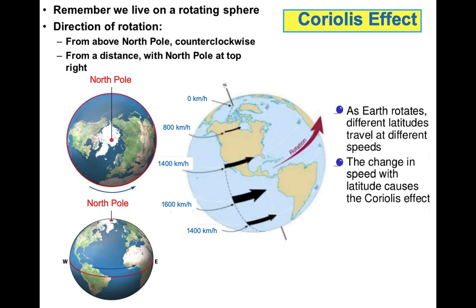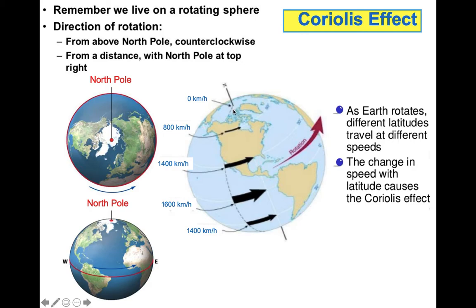Now, as Earth rotates, different latitudes travel at different speeds with respect to that pole of rotation. So here's the tilt axis of the Earth, and the Earth is rotating in this direction to the right, or counterclockwise fashion. And as you go away from this pole of rotation, the speed of any object moving above the Earth is increasing.